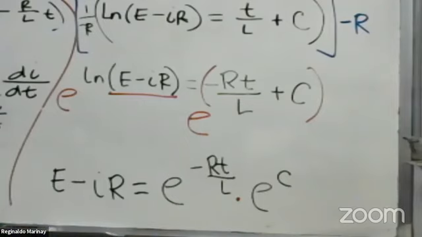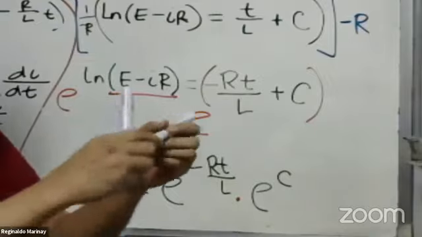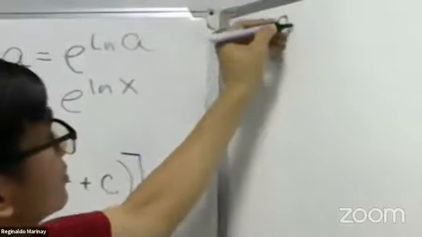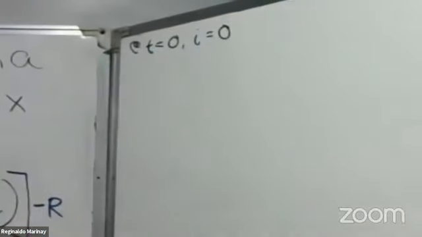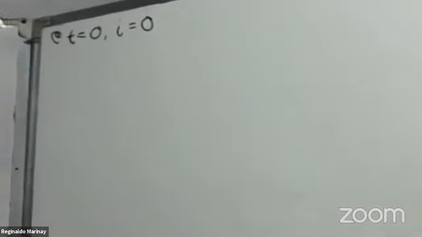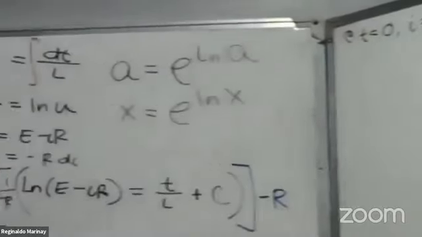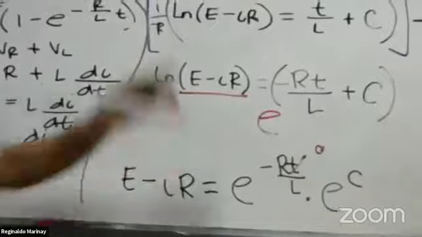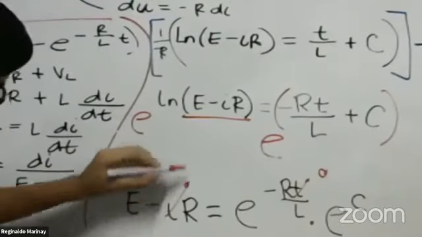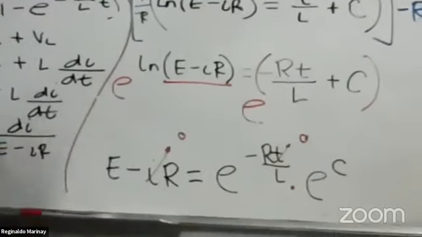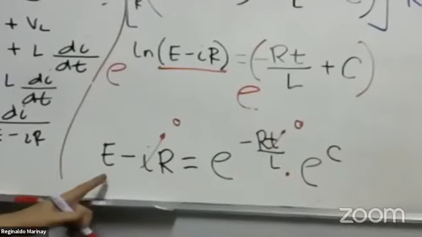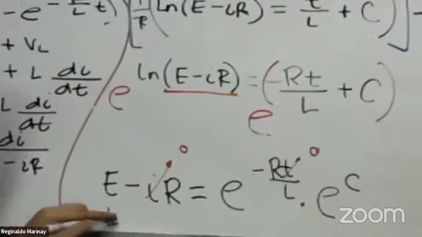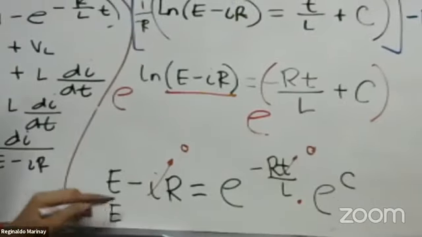Now, we have a boundary condition. At time t equal to 0, our current is equal to 0. Take a look here. If our time is 0, our current is 0. So what will be left in our equation here? Please focus this in the camera.